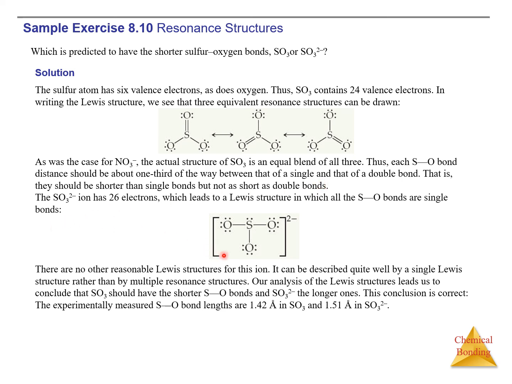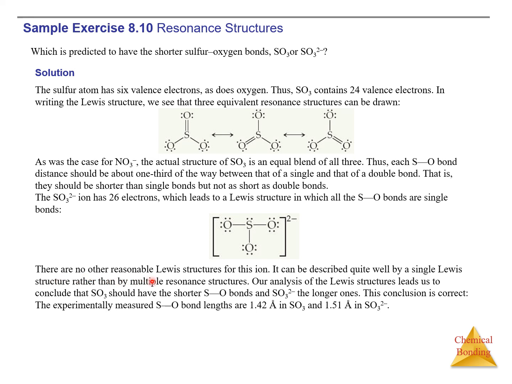However, the SO3 2- ion has 26 electrons, which leads to a Lewis structure in which all the S-O bonds are single bonds. So this is a pure single bond, which is longer than any of these 3. This is shorter.